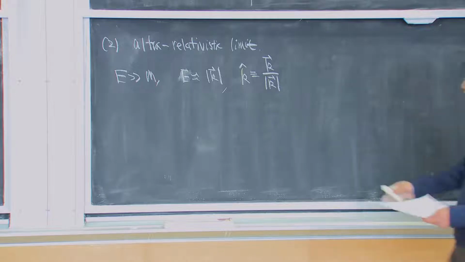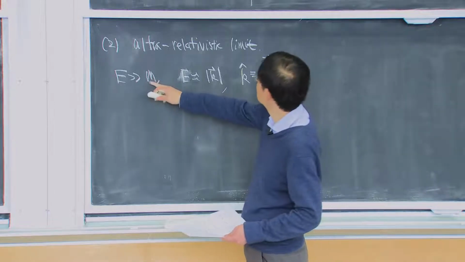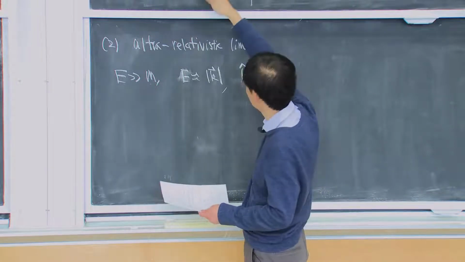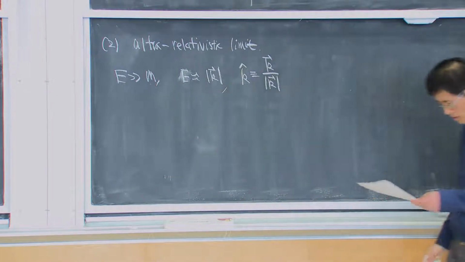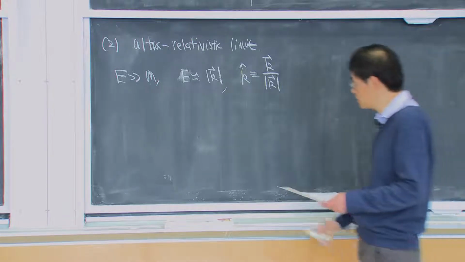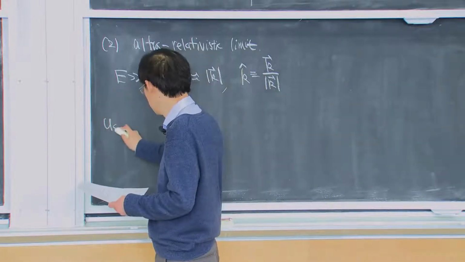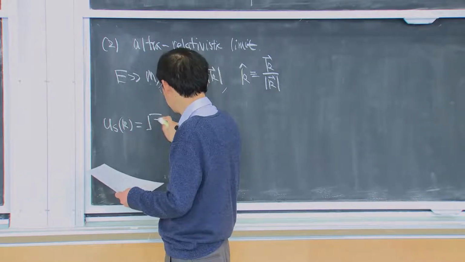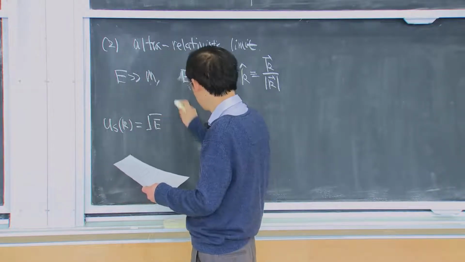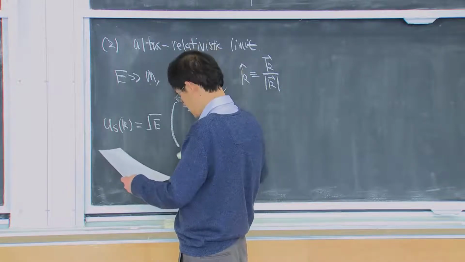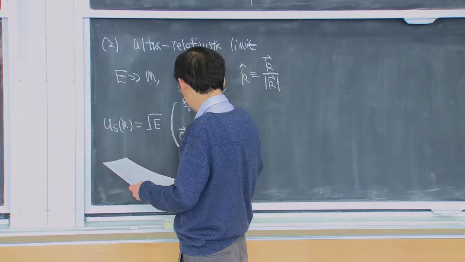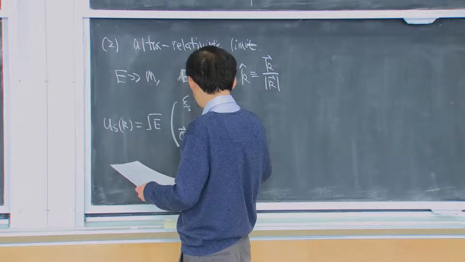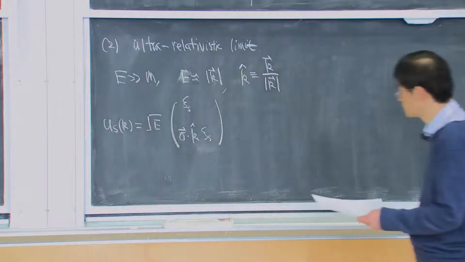In this case, you can do a small M expansion of these two expressions for U and V. And then you find at the leading order, U_S(K) is given by square root E, then psi S, and then sigma dot K hat psi S. This is for the U_S.